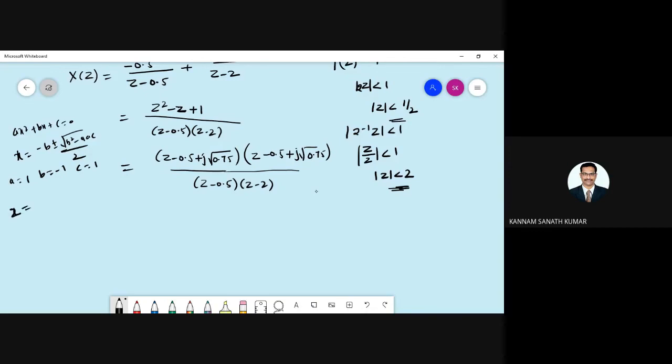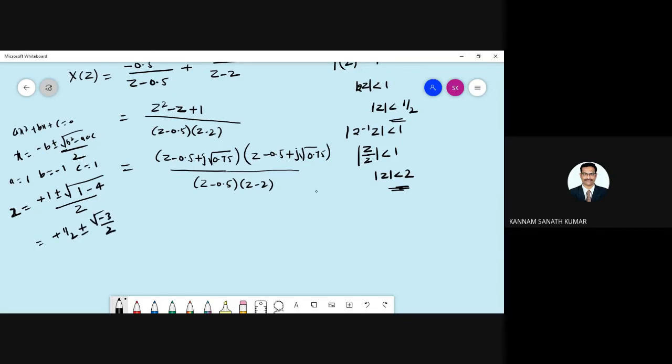So z equal to how much you are getting: minus of minus 1, that is plus 1, plus or minus square root of b square. So b square is 1 square, minus 4ac, so 4 into a into c, 4 you are getting, divided by 2. So you are getting 1 by 2 plus or minus square root of minus 3 by 2.